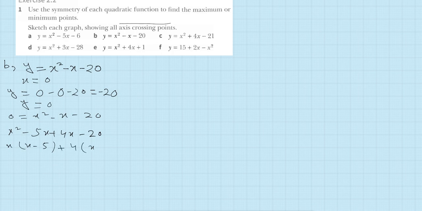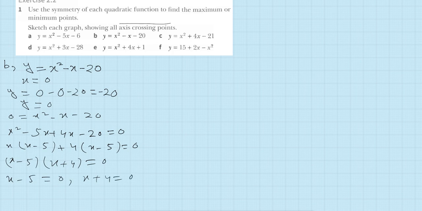From the last two, taking 4 common, x minus 5 is equals to 0. Then (x minus 5)(x plus 4) is equals to 0. This implies that x minus 5 is equals to 0 and x plus 4 is equals to 0. This implies that x is equals to 5 and x is equals to minus 4.